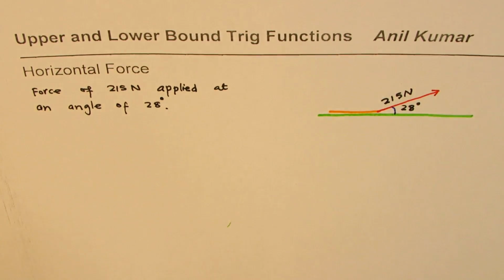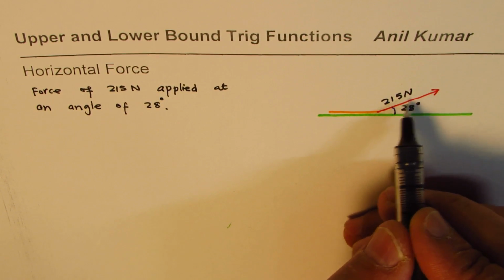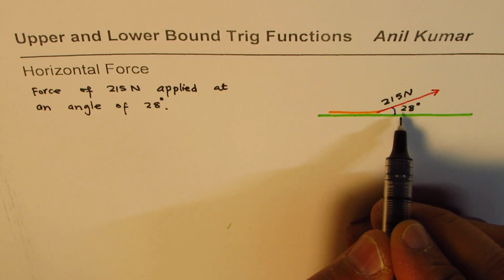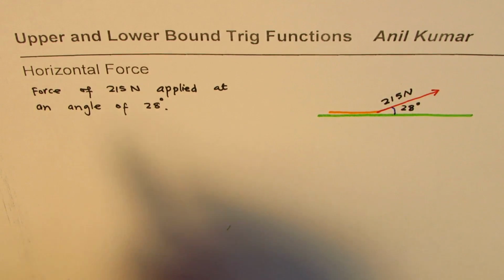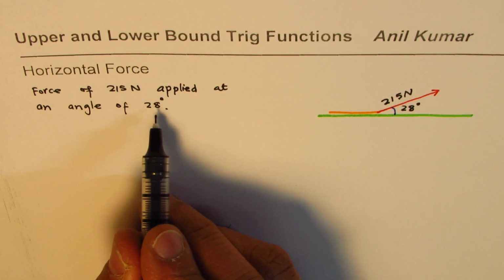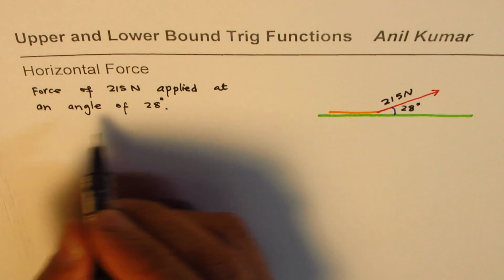So that is what is given to us. Now if I write the force as 215 newtons and angle as 28 degrees, what does it mean? It means that the above figures are correct to whole numbers. So they are rounded to whole numbers, or nearest integers.